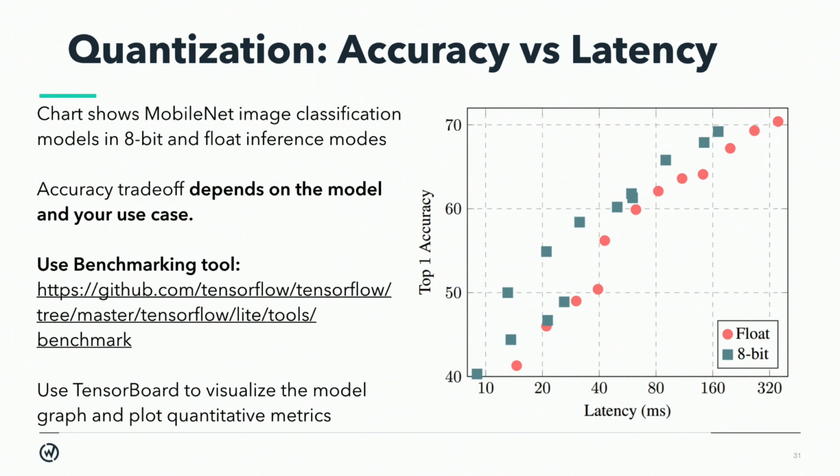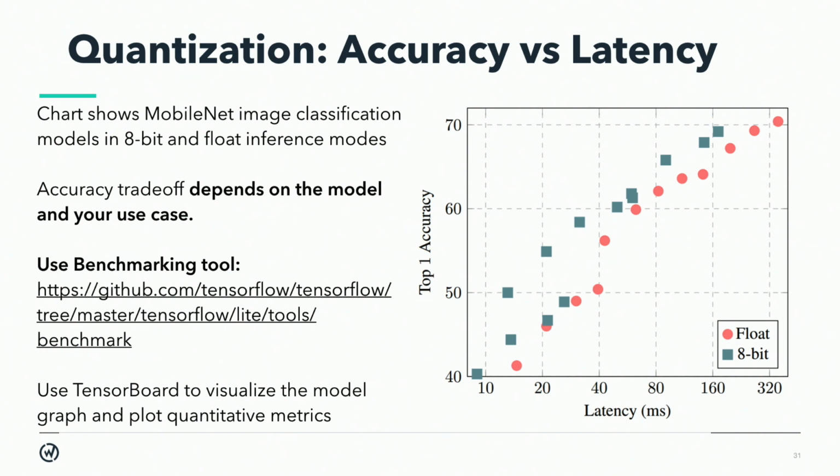Then another comparison is accuracy versus latency. This is for an image classification model called MobileNet, and it compares the 8-bit inference mode and float inference mode. Here we can see that those are getting pretty close together, but this accuracy trade-off can be really dependent on the model and the use case.